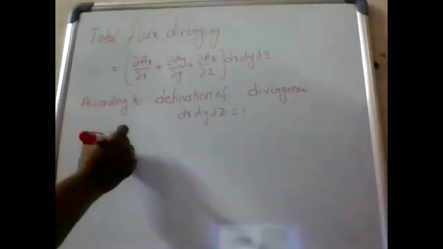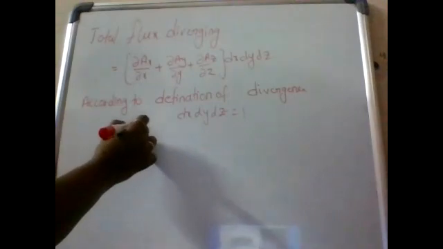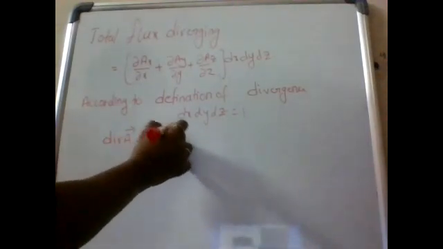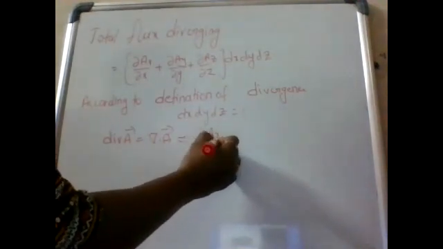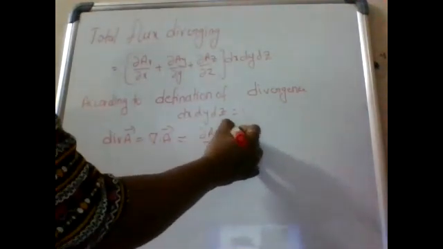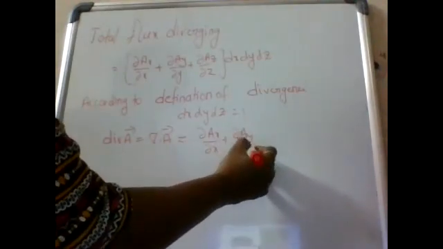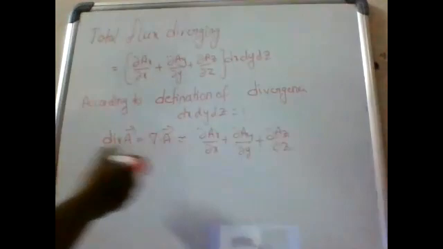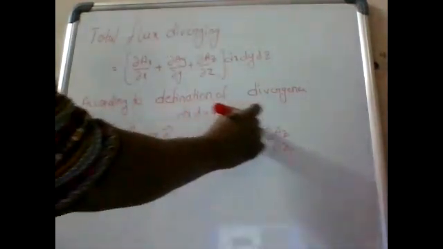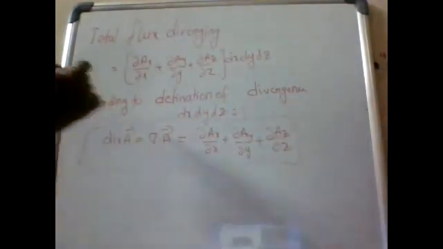So the divergence of A bar, equal to del dot A bar, we can write as dou A suffix x by dou x plus dou A suffix y by dou y plus dou A suffix z by dou z. This is the divergence of a vector field.